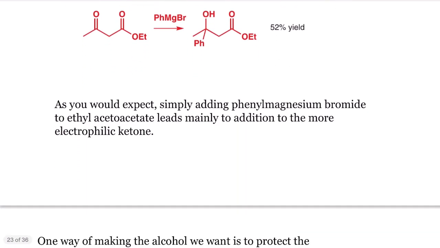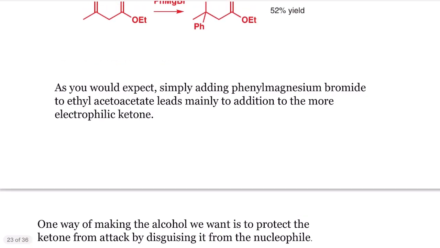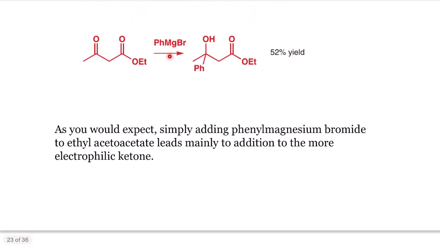So as you would expect, simply adding phenyl magnesium bromide to ethyl acetoacetate leads mainly to addition to the electrophilic ketone and not the ester.